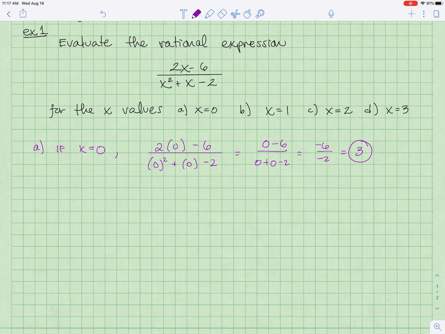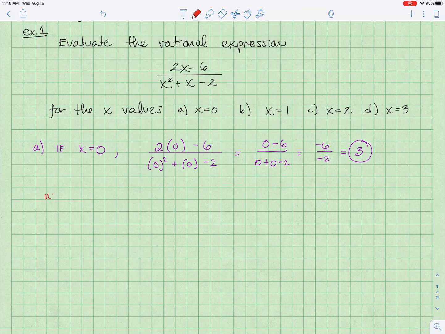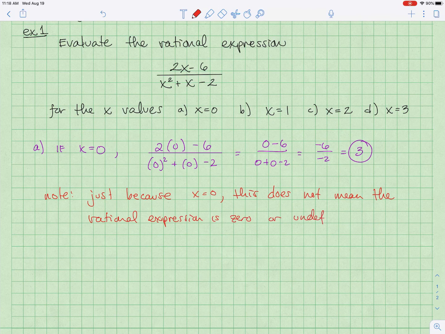Now the reason I chose 0 as my first input was to show you that just because x is equal to 0 doesn't mean necessarily that the value of the fraction is 0 or that it's undefined. So let's annotate that. Note, just because x equals 0, this does not mean the rational expression is 0 or undefined.